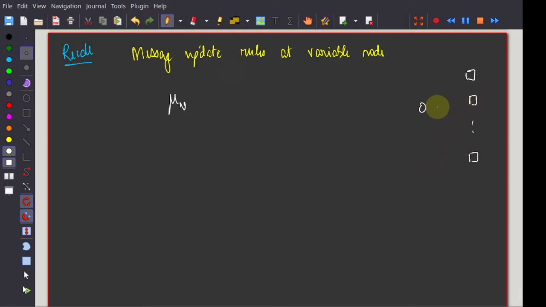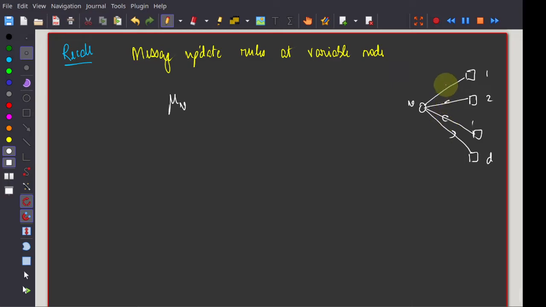Just to simplify notation, I label these check nodes as 1, 2, 3 up to d. Again, there'll be a lot of notation, so I just want to simplify things. And suppose I want to compute the message from variable node v to check node number d.